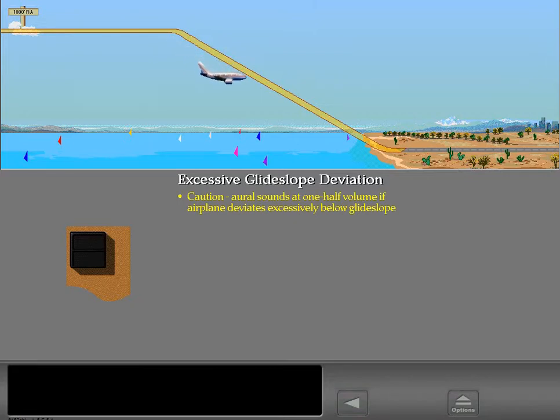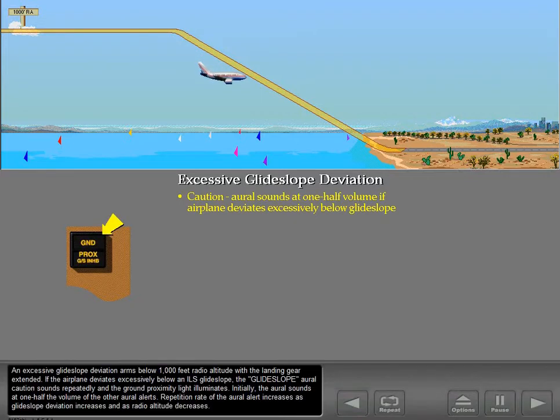Glide slope, glide slope. An excessive glide slope deviation arms below 1,000 feet radio altitude with the landing gear extended. If the airplane deviates excessively below an ILS glide slope, the glide slope oral caution sounds repeatedly and the ground proximity light illuminates. Initially, the oral sounds at 1/2 the volume of the other oral alerts.